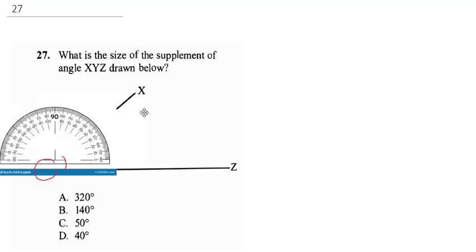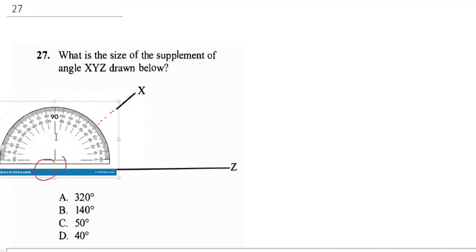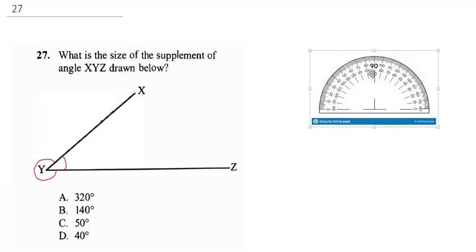I'm getting 40 degrees. So having done that, this is going to be 40 degrees.